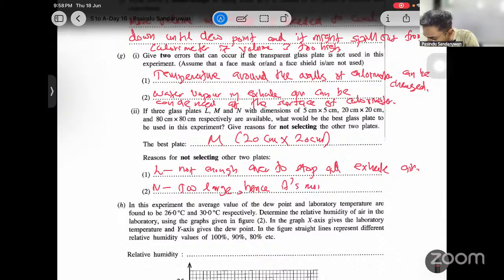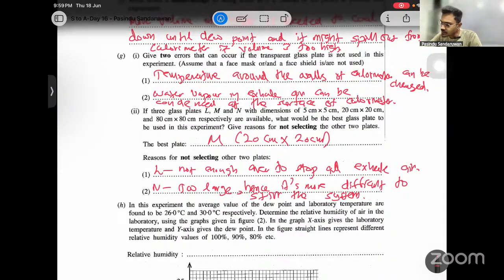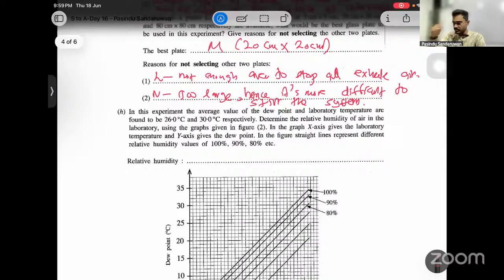It's more difficult to stir the system. That's a common sense question. That's a small modified thinking part given. Common sense.